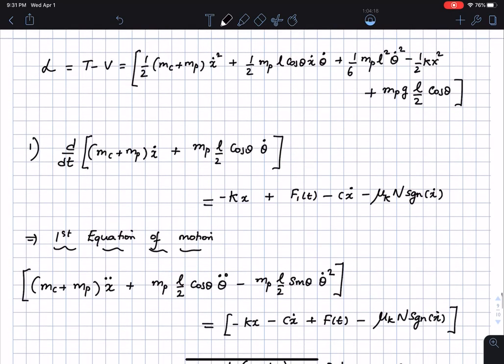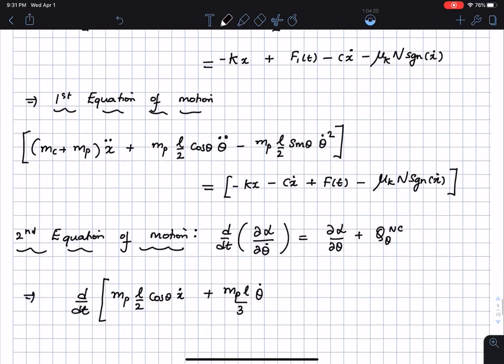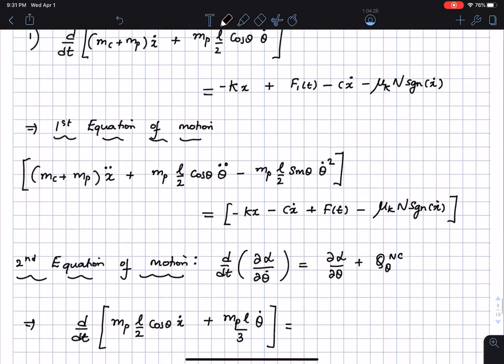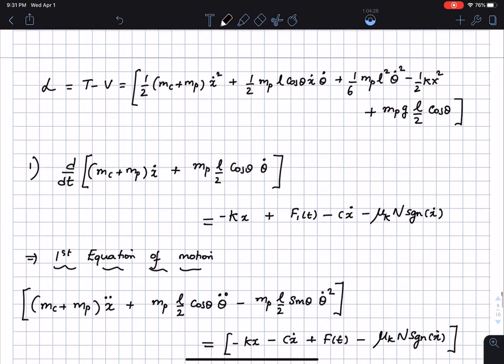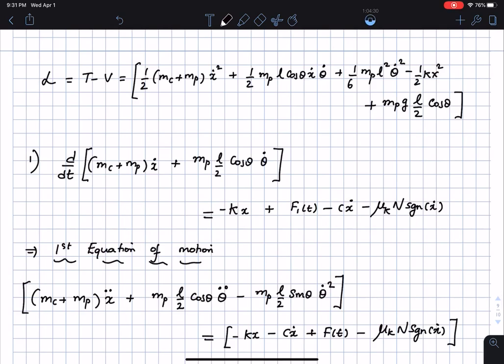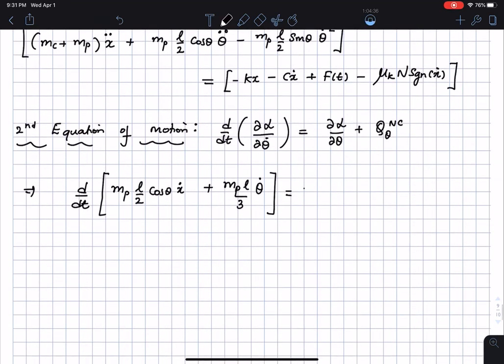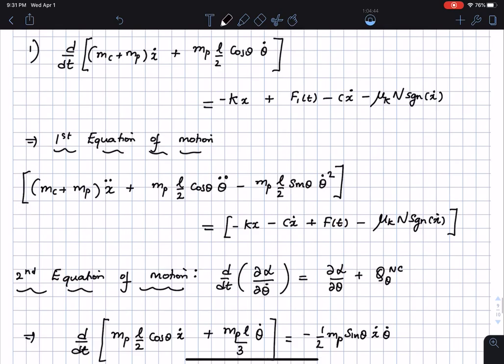That's about the term containing theta dots, and then I have some terms containing theta. I have to be careful here. Okay, if I go back to the Lagrangian, there is a term containing theta which has both the x dot and the theta dot, so that's going to be a negative sine theta term, so that's going to be minus half mp sine theta x dot theta dot, so that's one term there.